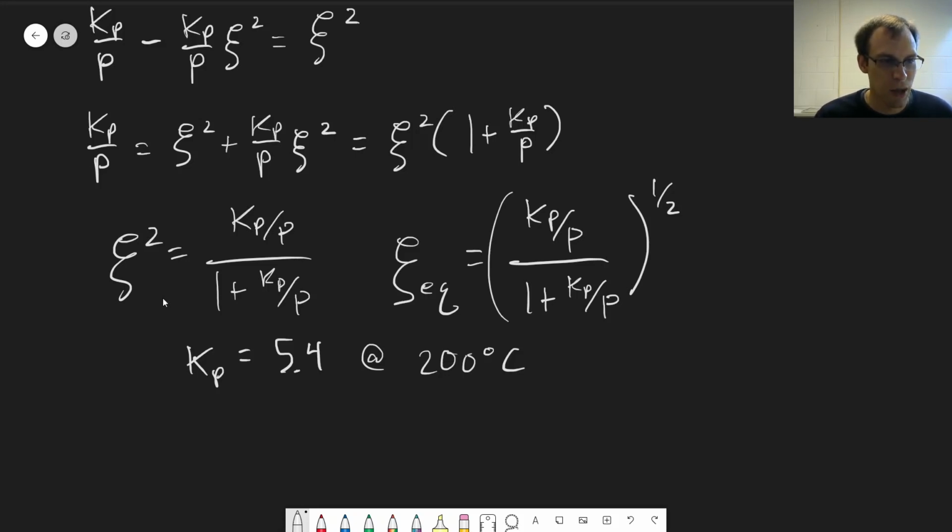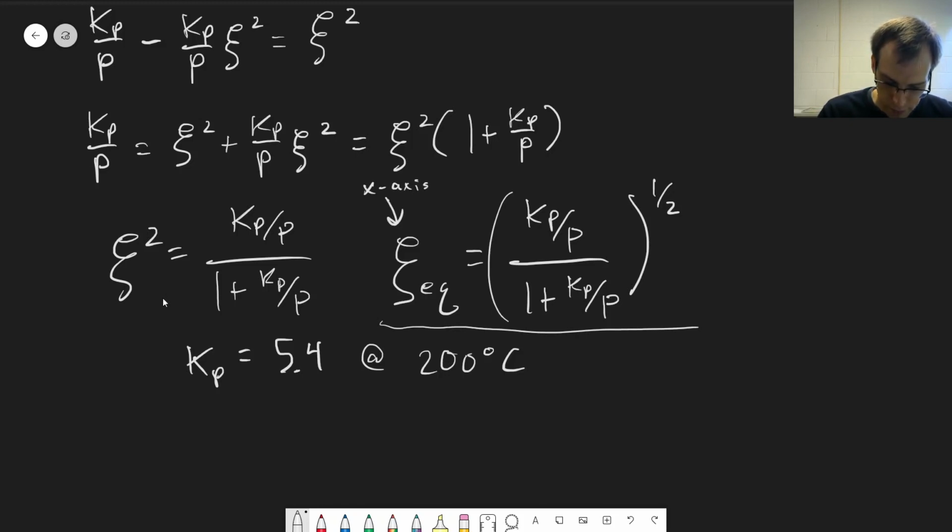Now, let's plot this equation. We want Xi as our dependent variable on the y-axis and P as the x-axis, so we can look at how the extent of reaction changes as pressure changes.